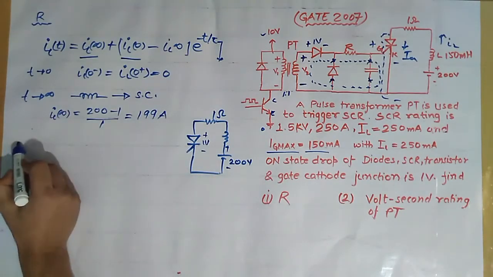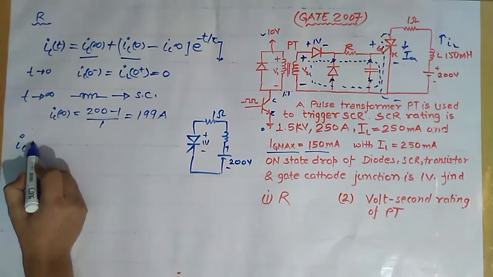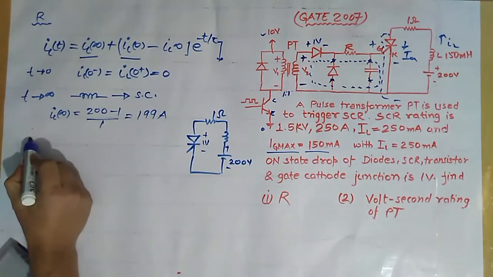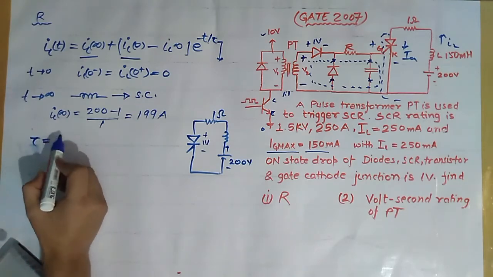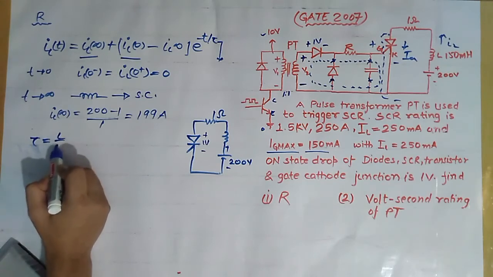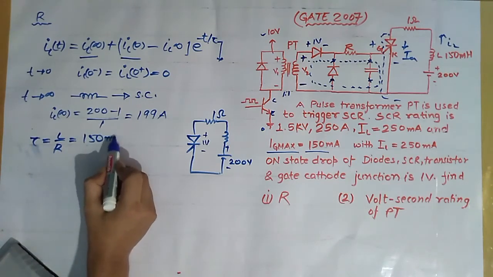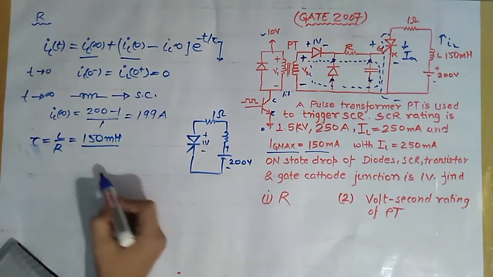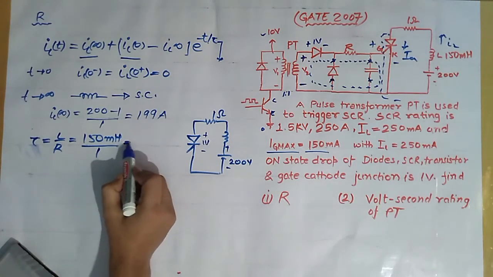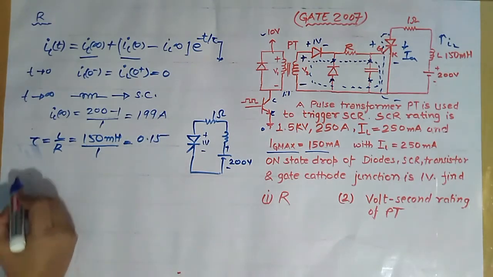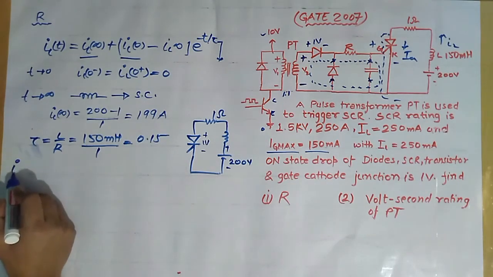Putting all these values, now we have to find tau. We know that tau is the time constant, given by L by R. Here L is 150 millihenry, and the resistance is 1 ohm, so we get 0.15. Now we can write the complete equation of inductor current.